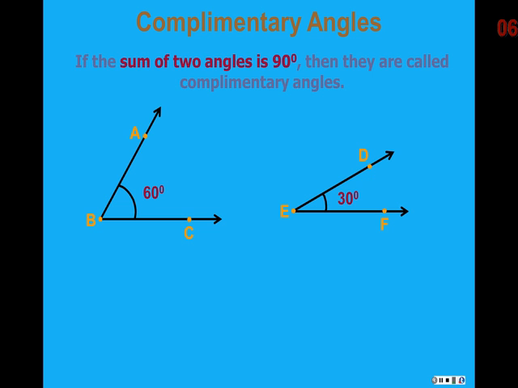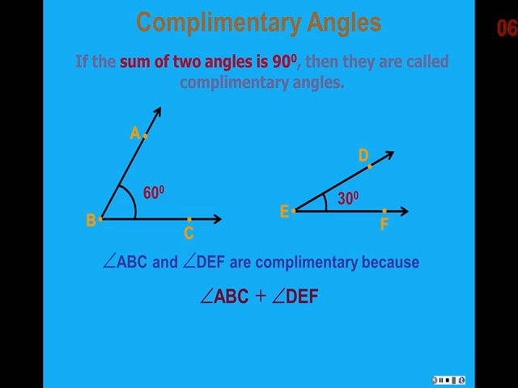So if the sum of two angles is 90 degrees, then they are called complementary. Angle ABC and angle DEF are complementary because they total 90 degrees. So complementary angles total 90 degrees, and they do not have to be adjacent.